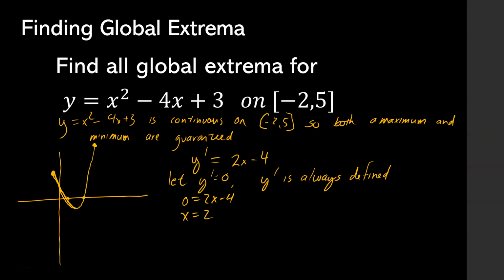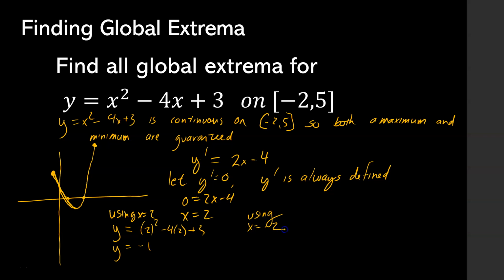We're just going to evaluate x squared minus 4x plus 3 at -2, at 5, and at 2. We evaluate at the endpoints and all the critical values. So using x equals 2, that's going to be 2 squared minus 4 times 2 plus 3, which is -1.